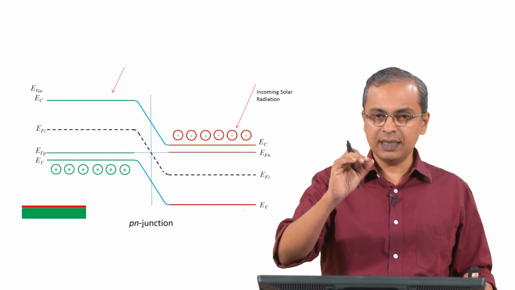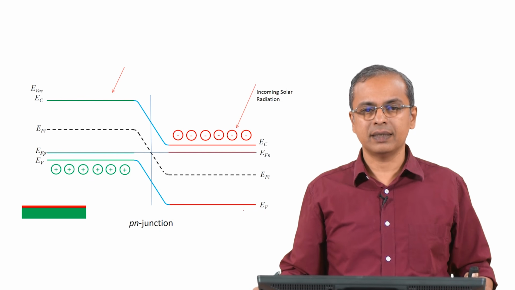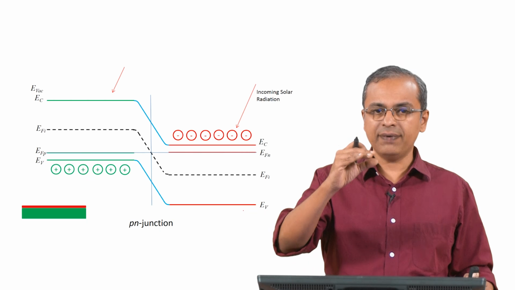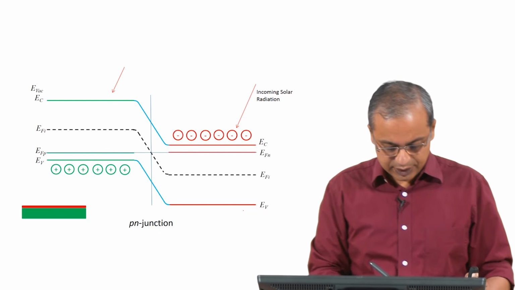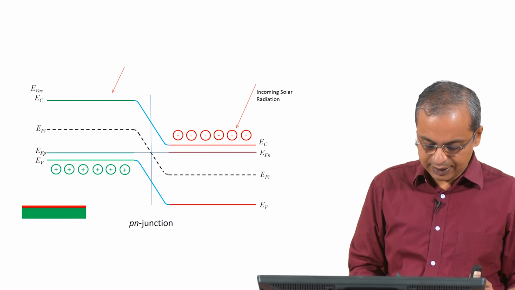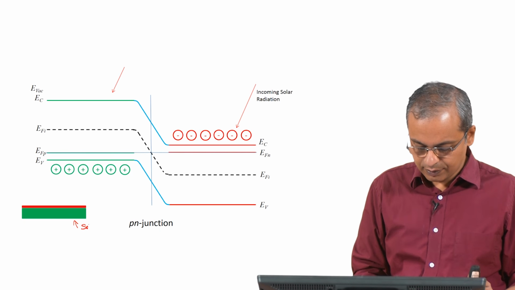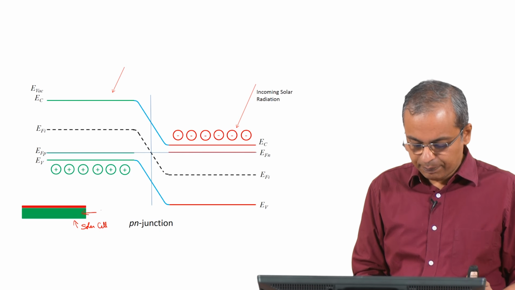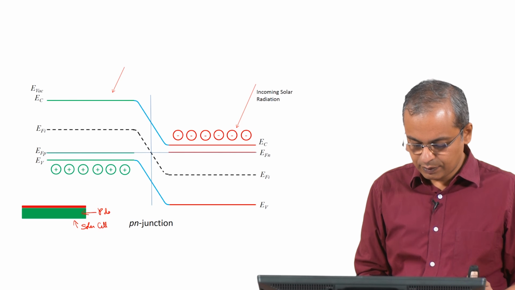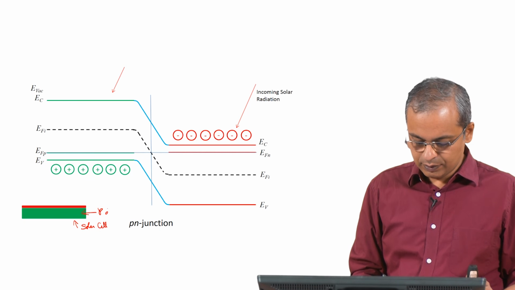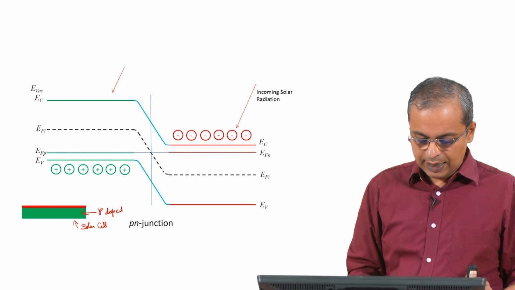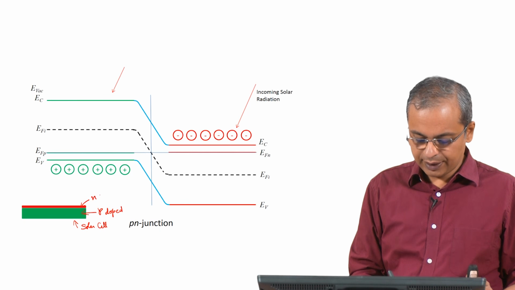So, it is a single crystal, let us assume we are talking of a crystalline single crystal solar cell. So, you have a solar cell where you have a top layer which is n doped and bottom layer which is p doped. So, this is what you see here would then be that solar cell, and this would be your p doped material, and on top we have this n doped material.